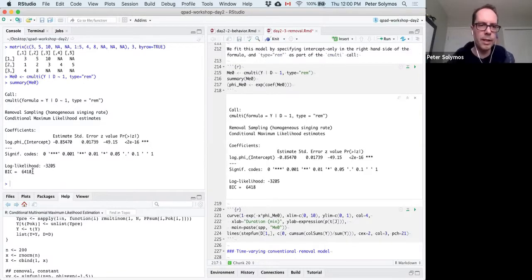And some log likelihood and BIC values if you compare across different models, which we will do after the break. And so the only thing I want to explain is the singing rate. Maybe that's how I can express it most colloquially.